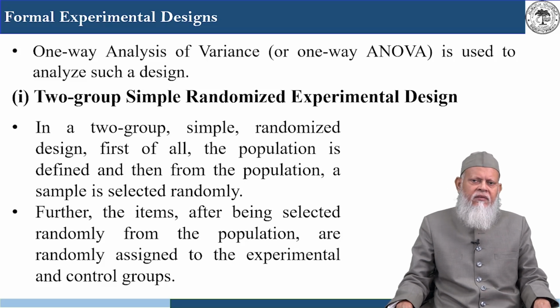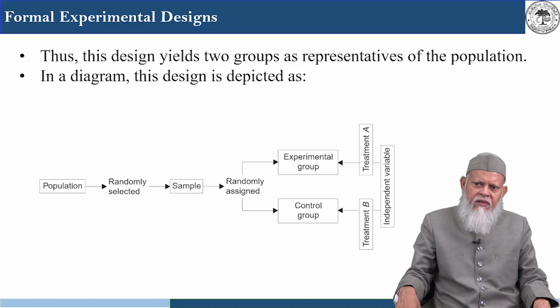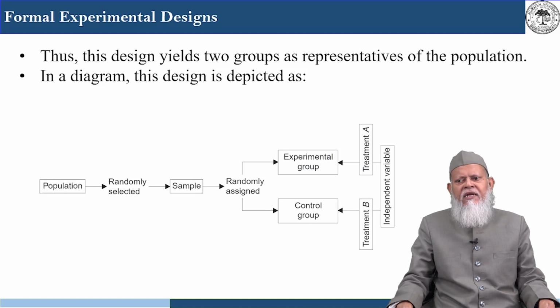So, this is not the decision of the researcher, but it is the random allotment of the members of the sample or items, whether in the experimental or in the control group. So, this design yields two groups as representatives of the population.